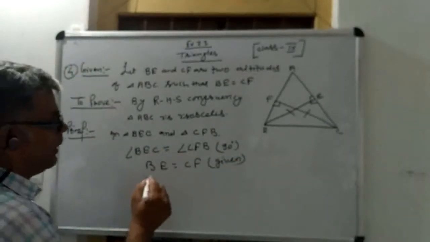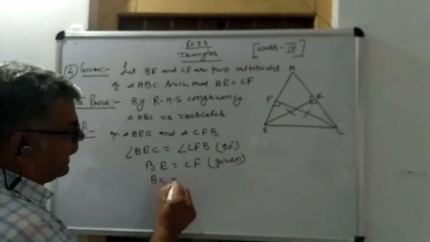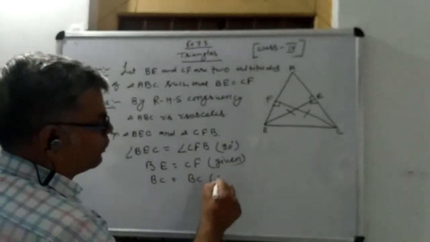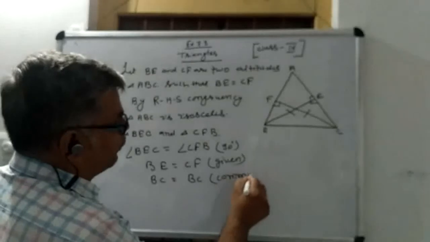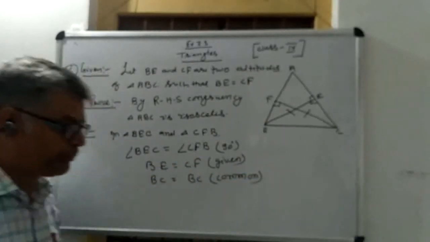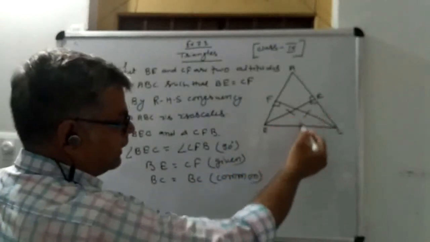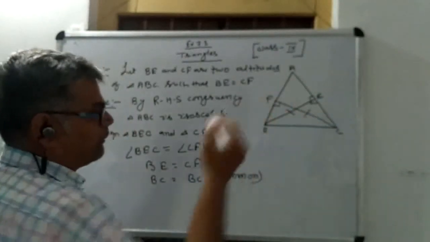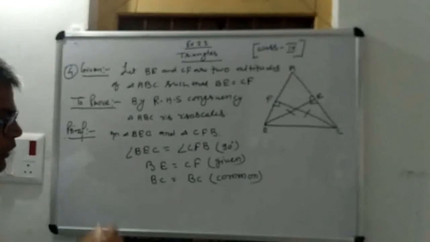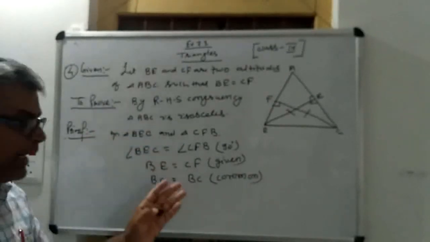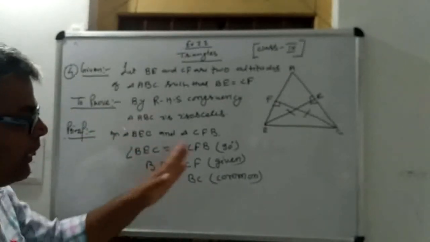And third, you can see that side BC is common in both triangles. So now you can see this is 90 degrees, this is the hypotenuse, and one more side becomes equal. So now the RHS condition is true.